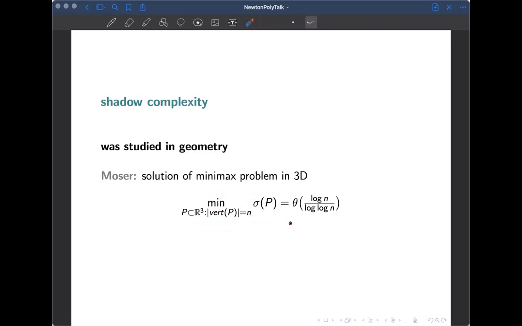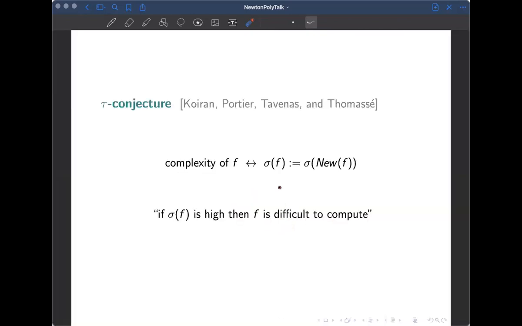And going back to computational complexity, this is, at a high level, the suggestion that was made by these people that relates the computational complexity of F and the shadow complexity of F, which is defined to be the shadow complexity of the Newton polytope. So there is a suggestion to investigate the relationship between these two complexity measures.